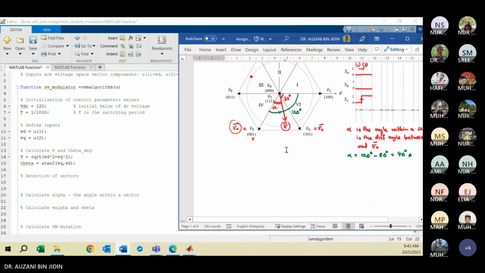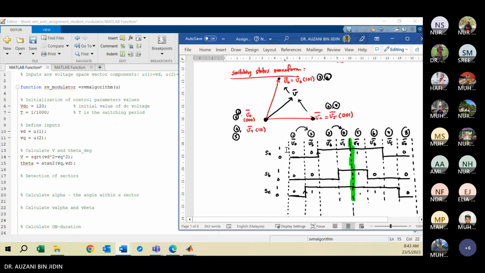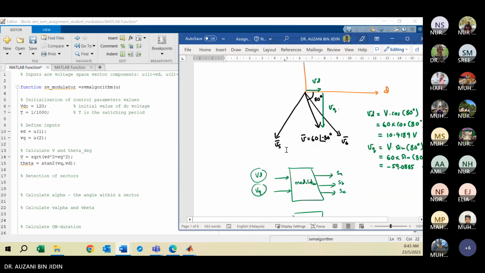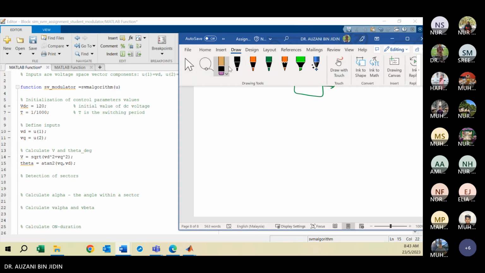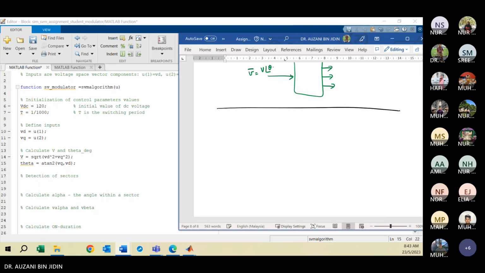Not there. Maybe I can write the note here. So your input of the modulator, this is your SVM, the modulator where the inputs are VD and VQ.